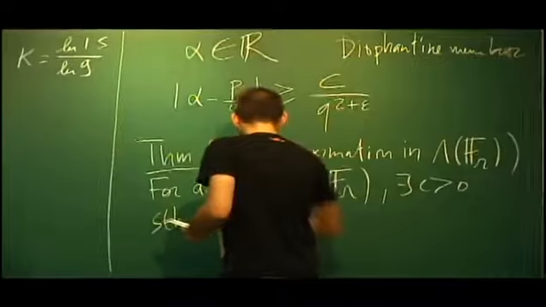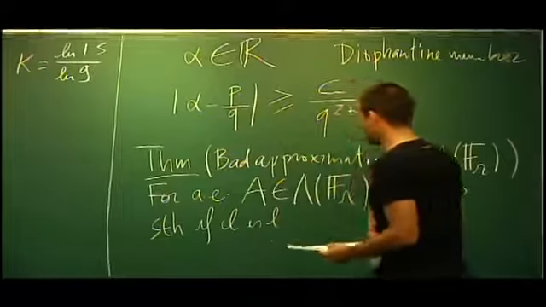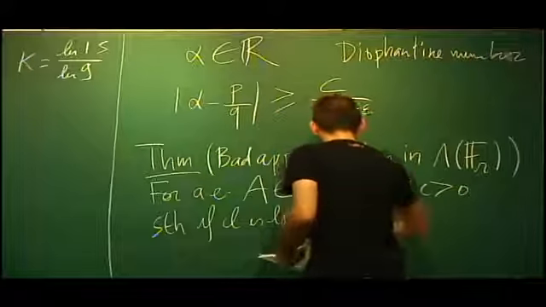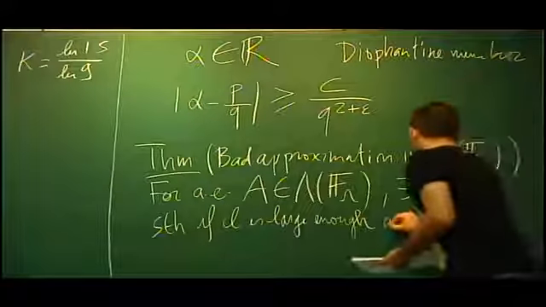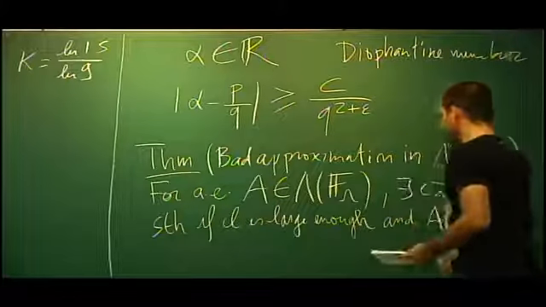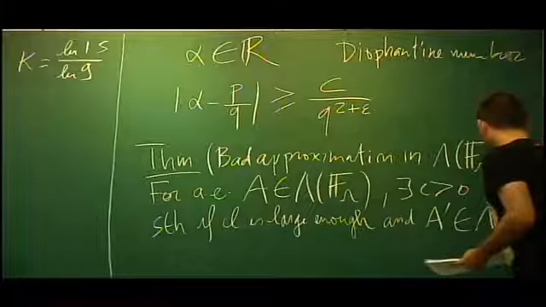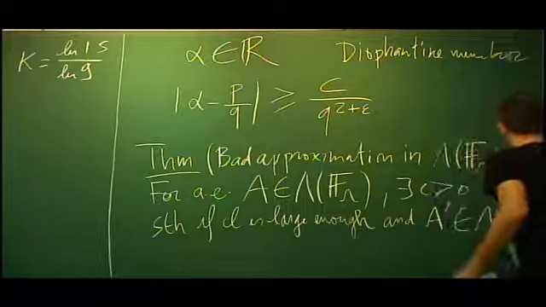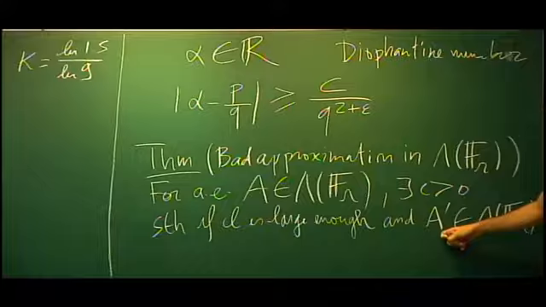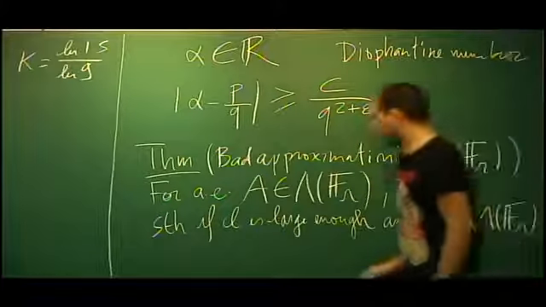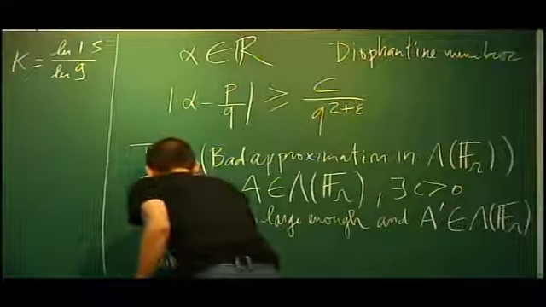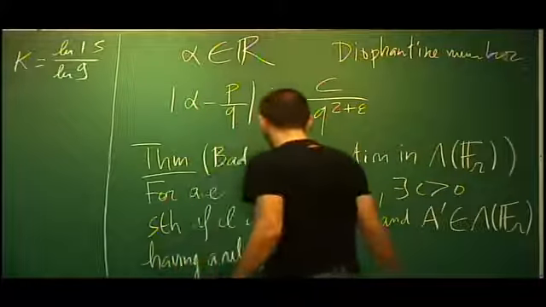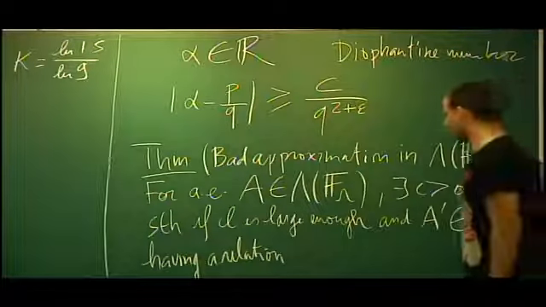L is large enough, so L is again an integer, and A prime is again a representation of the free group that has a relation of length L, then in fact the distance between A and A prime is bounded from below by some quantity.